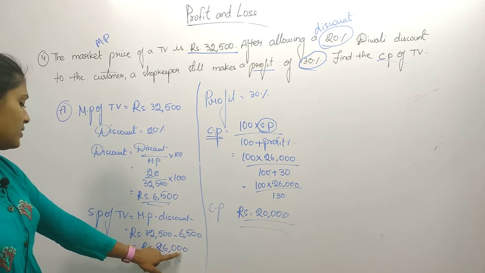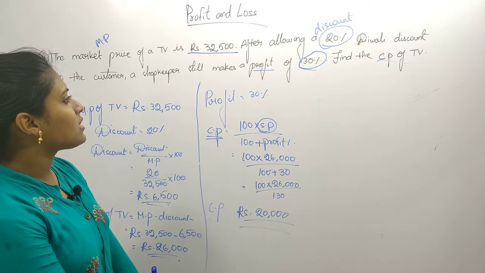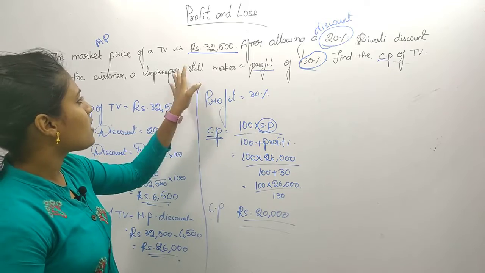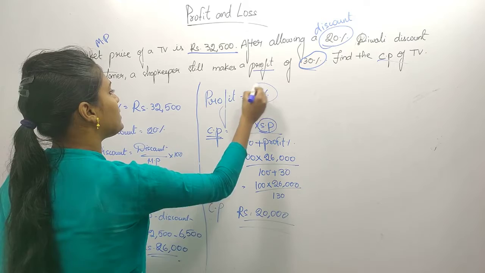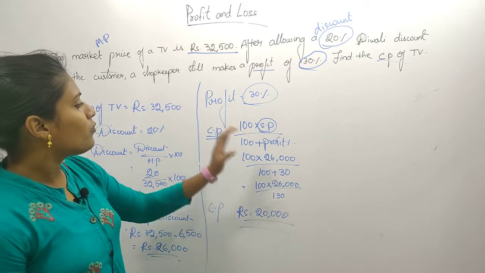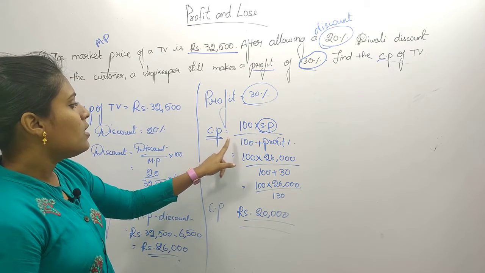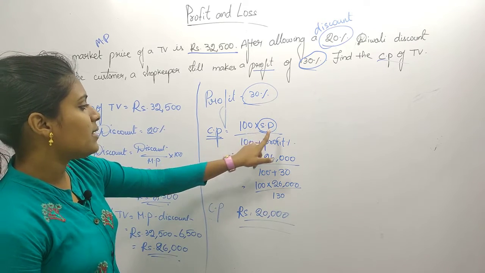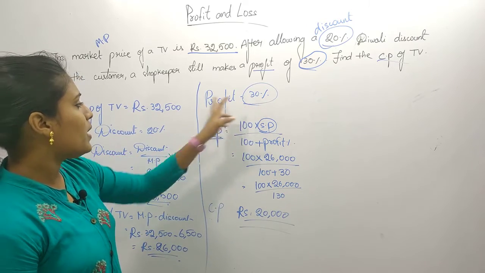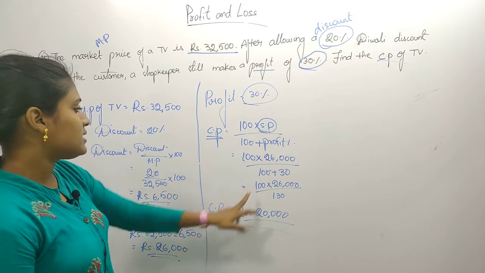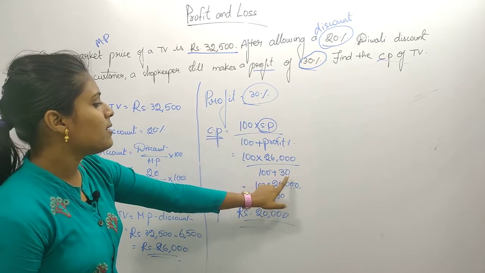Rupees 26,000. And after selling at the rate of a discount of 20%, the shopkeeper still gets a profit of how much? 30%. Then he told us to find the cost price. Cost price formula for profit: cost price equals 100 into selling price by 100 plus profit percent. 26,000 by 100 plus profit; the profit given in the question is 30%.